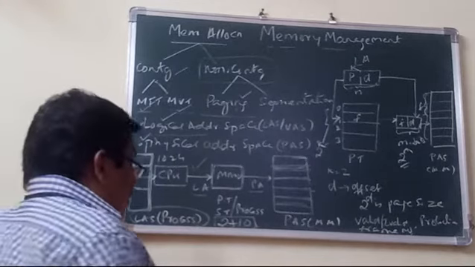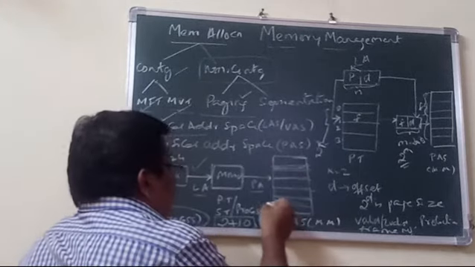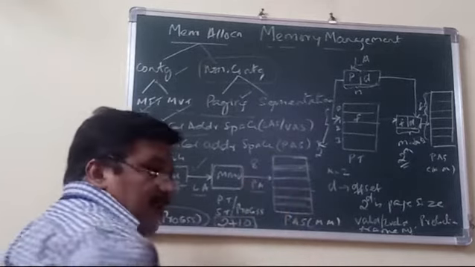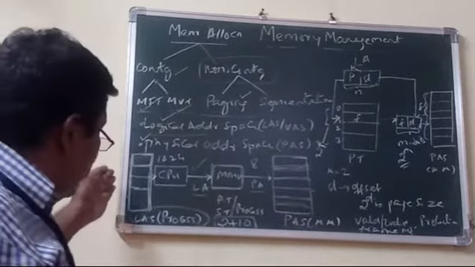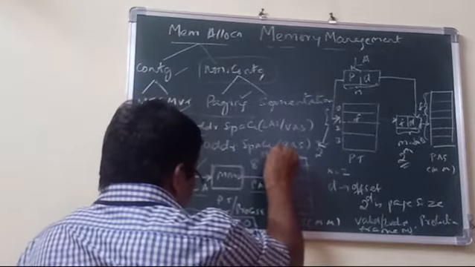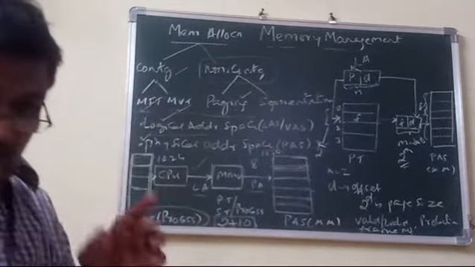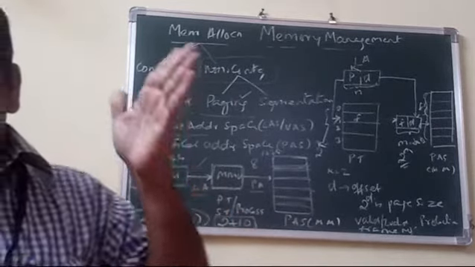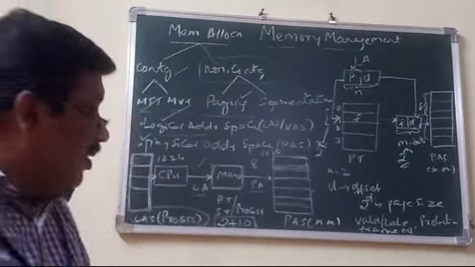Now assume that there are 8 frames, and of course the size of each frame is 1024. Then how many bits are required to address a frame?